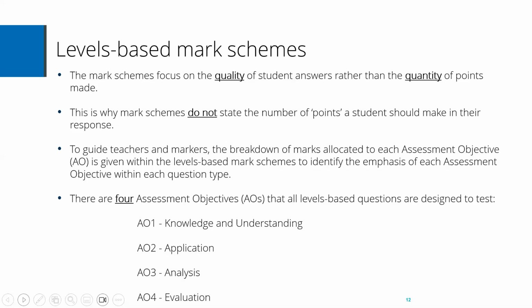Now, the way it works is this. You read the answer. Does it match level 1? No, it's better than that. Does it match level 2? Yes. Just to check, I'm going to read the level descriptor for level 3. Does the answer I've just read match the descriptor in level 3? No. Which of the level descriptors, 2 or 3, best matches what you've just read?